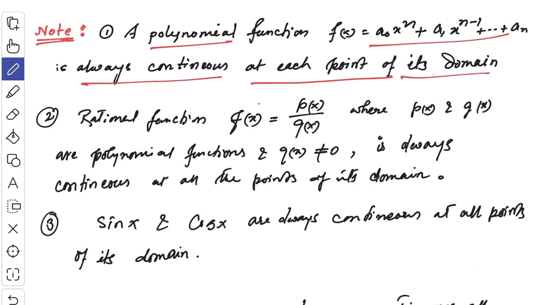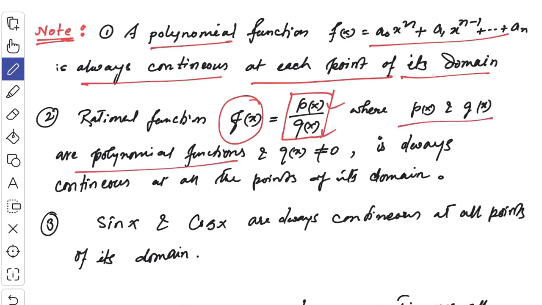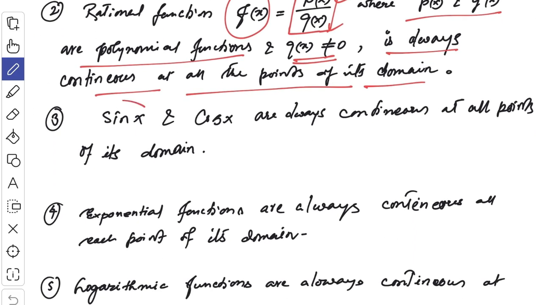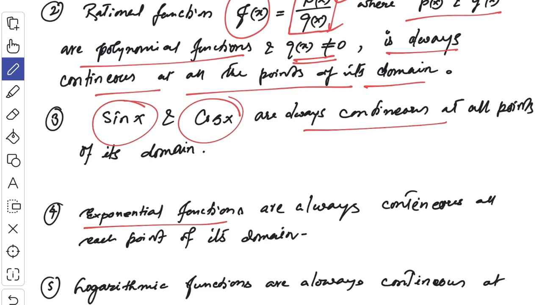Also remember, a rational function, that is of the form p(x) by q(x), where p(x) and q(x) are polynomial functions, and if q(x) is not equal to 0, then it is always continuous at all points of its domain. And sin x and cos x are also continuous at all points of its domain. Similarly, exponential functions and logarithmic functions are also continuous at each point of its domain. So remember those points.